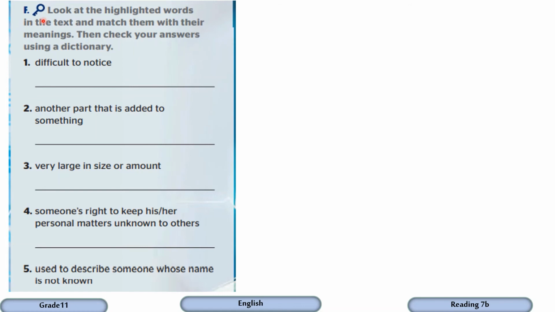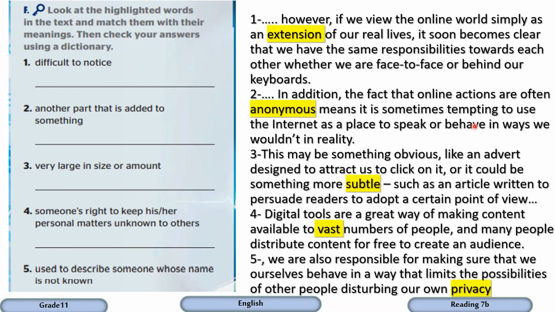All right, now let's look at the highlighted words in the text and match them with their meanings. Of course, it's very important to use context clues to be able to answer. So let's have a look at the first word, which is extension. Let's read the sentence. However, if we view the online world simply as an extension of our real lives, which means it's another part of our real lives.